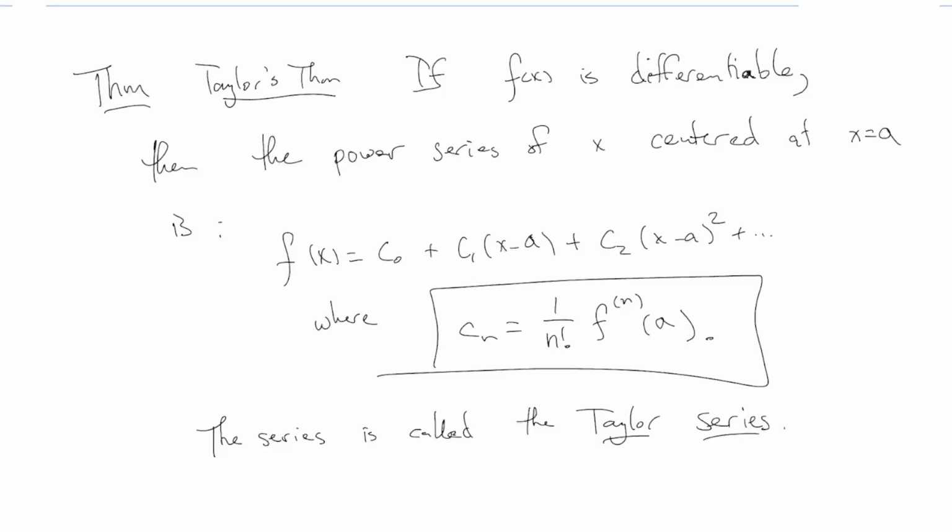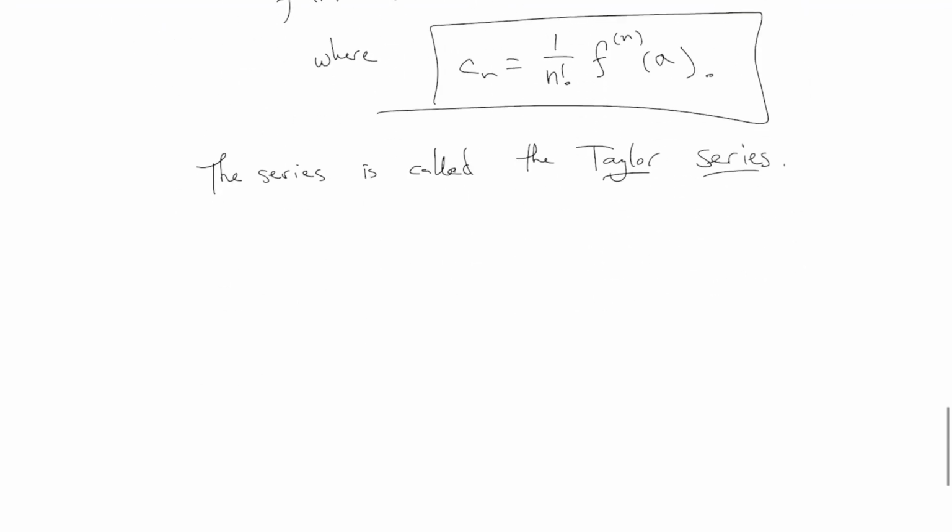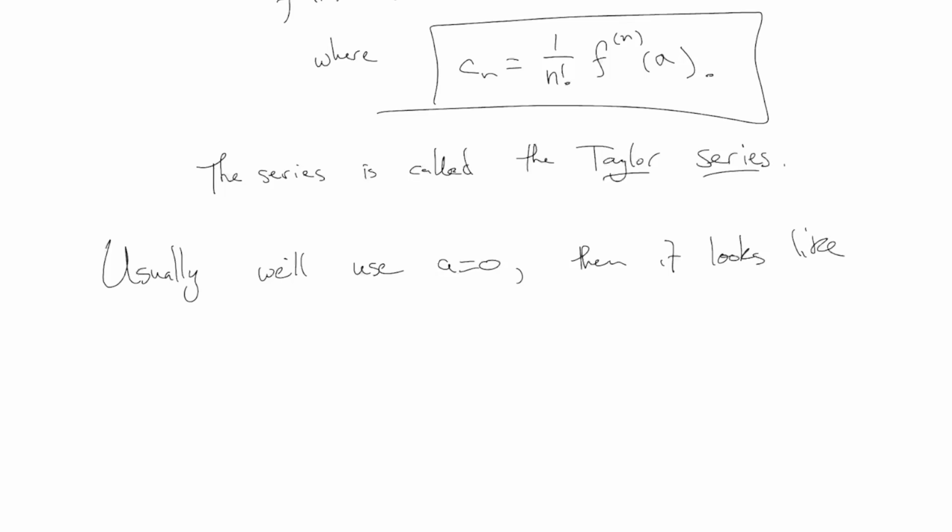If you are just using a equals 0, then all of this becomes simpler. So I'm just going to say usually we'll use a equals 0, in which case it looks simpler. It just looks like f of x equals c0 plus c1 x plus c2 x squared plus blah, blah, blah.